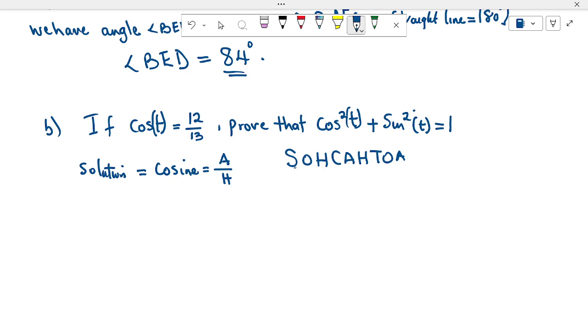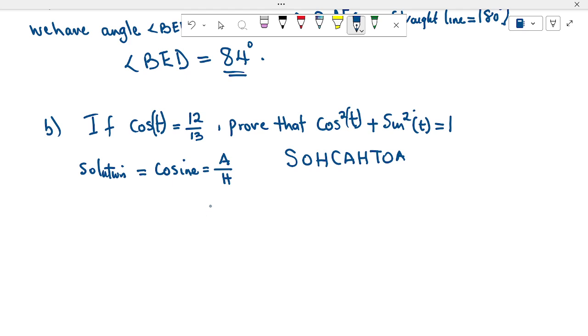So we have sine equals opposite all over hypotenuse. We have cosine to be adjacent all over hypotenuse. We have tan to be equals to opposite all over adjacent.